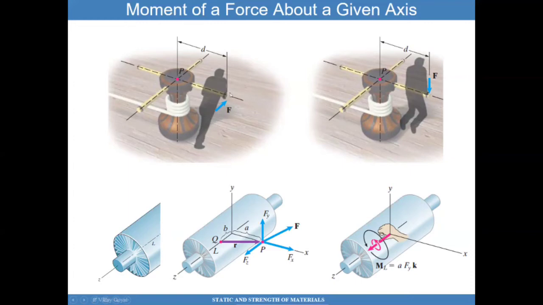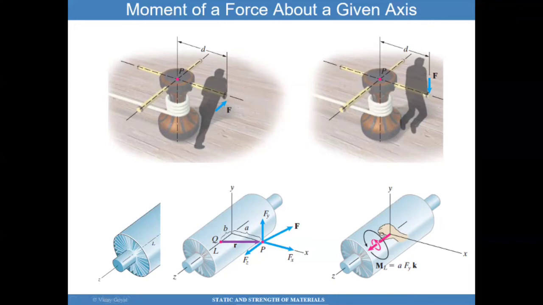This force here will cause a moment about this axis here, the vertical axis. However, if you apply a force downwards, that's not going to cause this capstan to rotate. You can only apply a force in this direction to cause it to rotate.